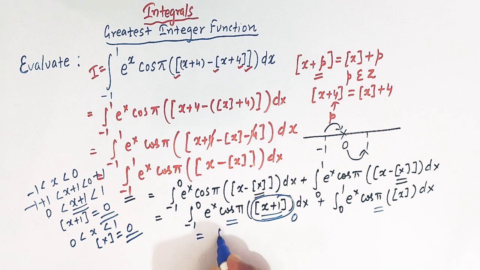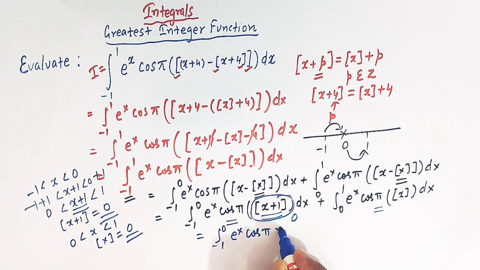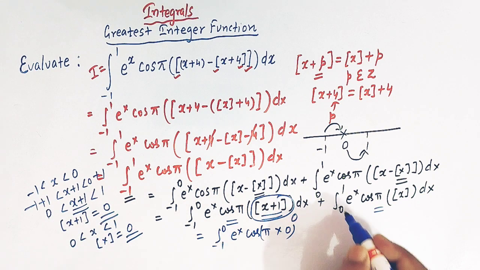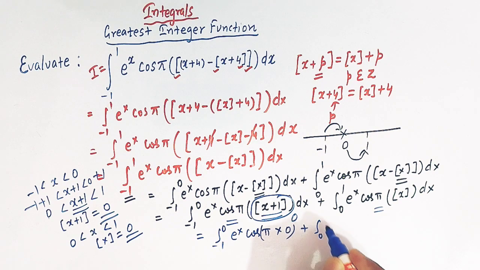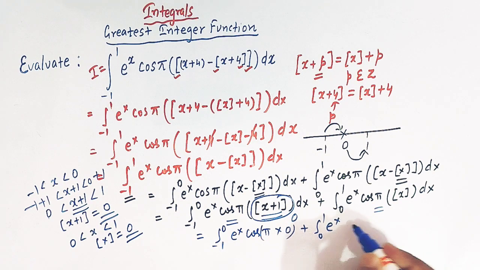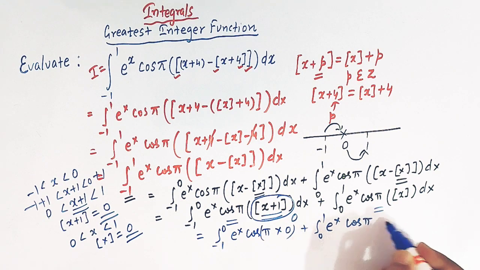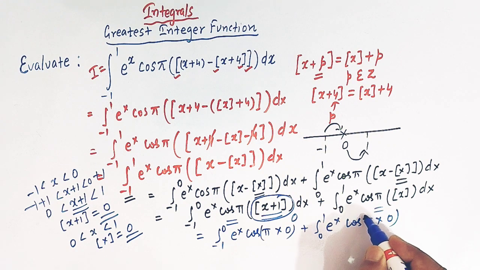So now we have -1 to 0, and see, here we have e raised to x and cos of pi times 0, right? Because greatest integer of x plus 1 in this case is 0. And similarly here we have 0 to 1 and e raised to x cos of pi times 0, right?